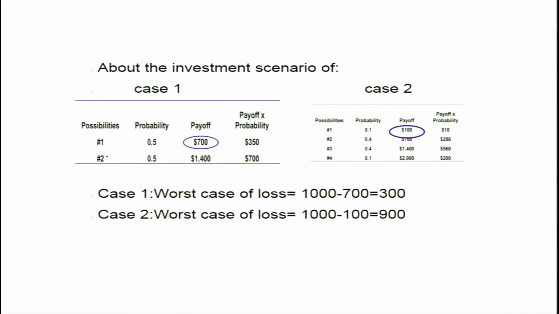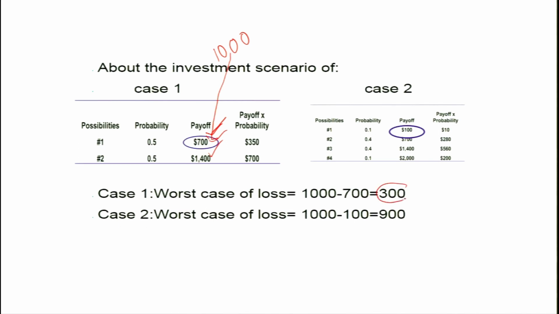The person invests 1000, but the stock value can go down to 700, or the stock price can increase to 1400. If it goes down, he invested 1000 but it became 700.